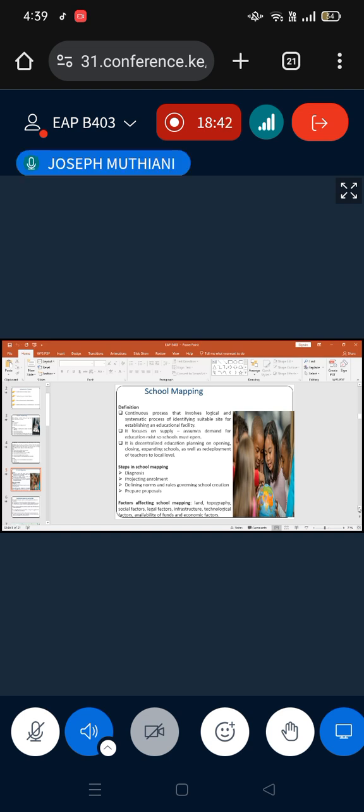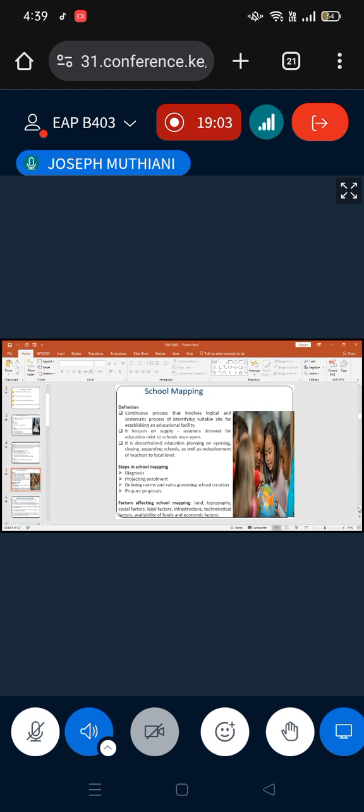Legal factors are also very important. Where you are putting up your educational facilities, you will need land, but this land must have a title deed, for example. So the title deed is a legal factor, as well as other legal requirements that are necessary.